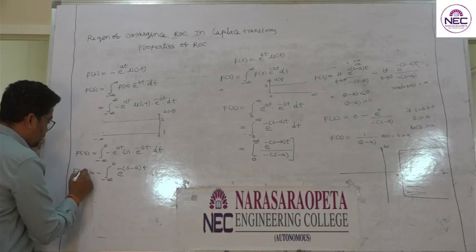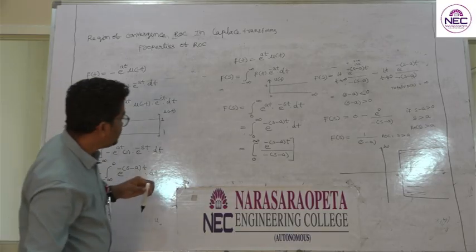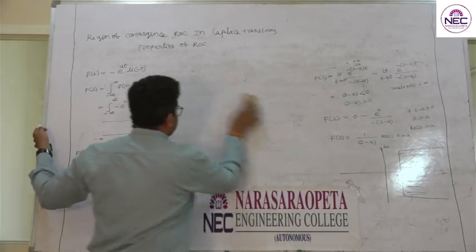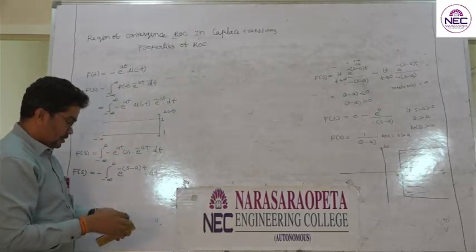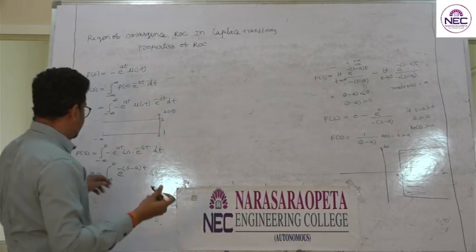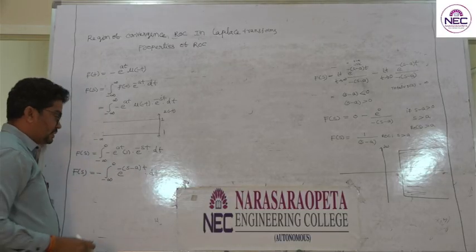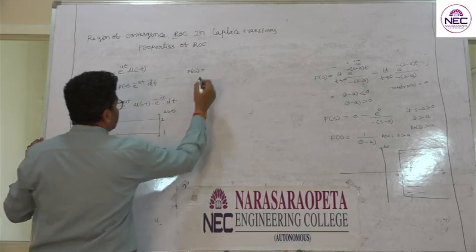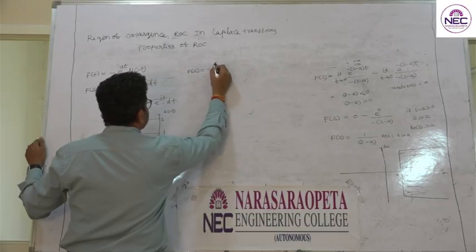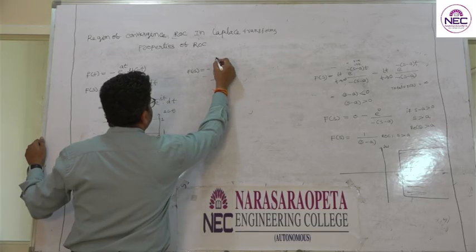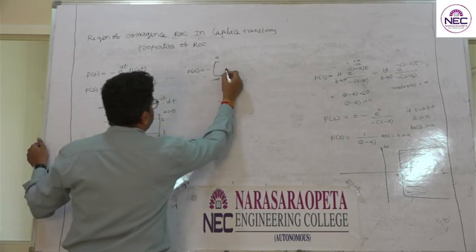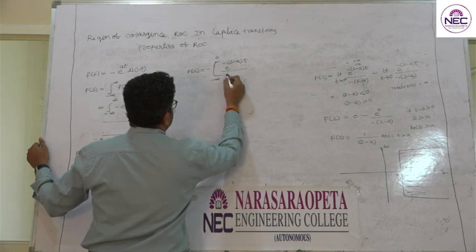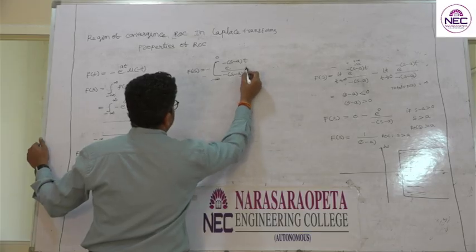Here F of s equals... next integration, again using the integral of e power ax dx formula. F of s equals minus, with limits minus infinity to 0, e power minus of s minus a into t divided by minus of s minus a.